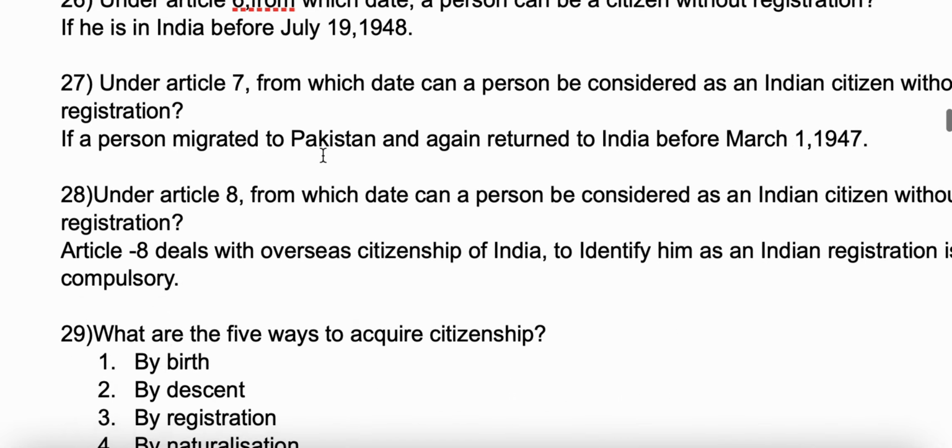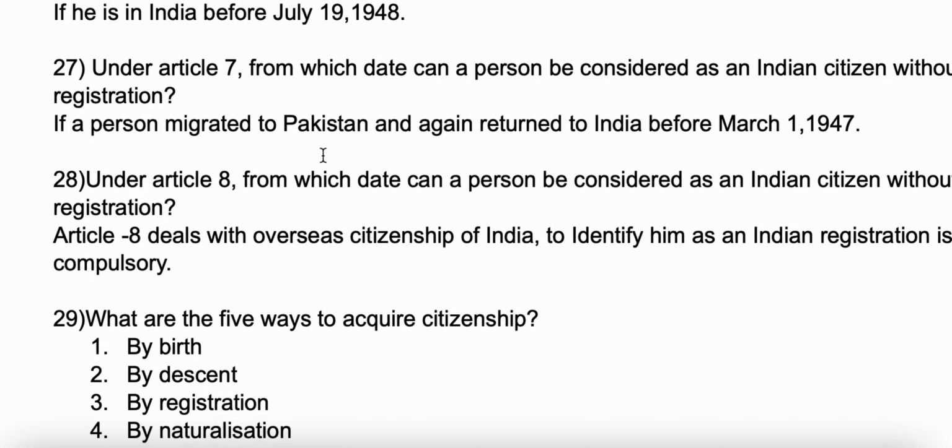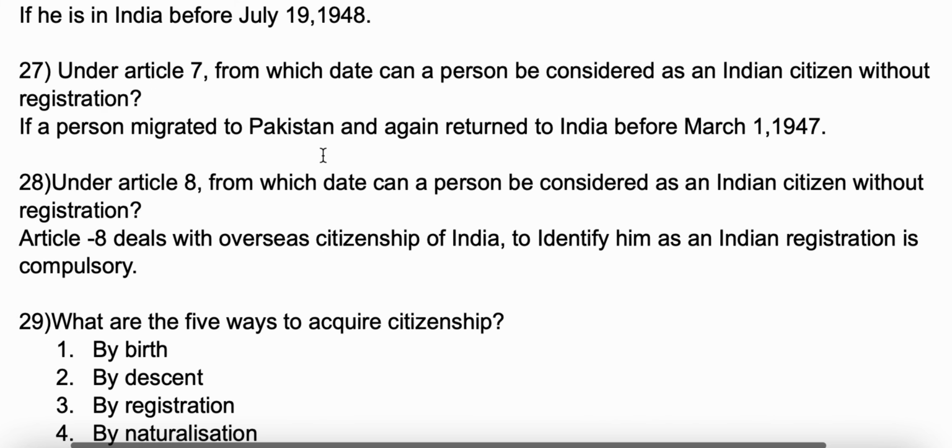Now 27th question, under Article 7, from which date can a person be considered as an Indian citizen without registration? So if a person migrated to Pakistan and again returned to India before March 1st, 1947, then under Article 7, a person can be considered as an Indian citizen without any registration. Okay.